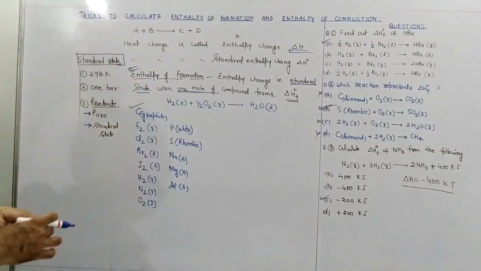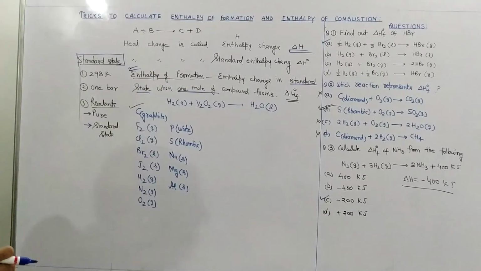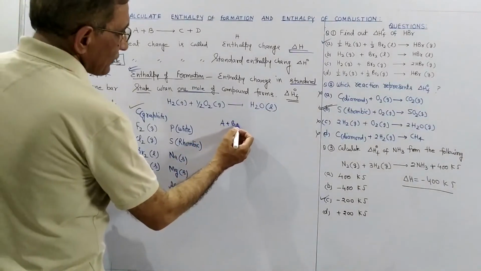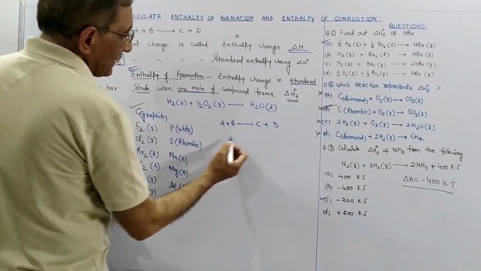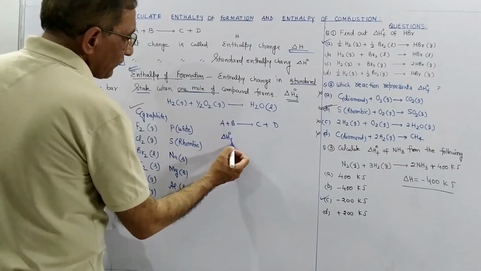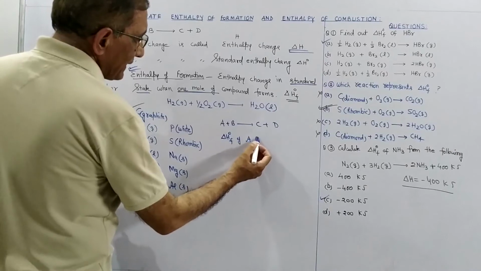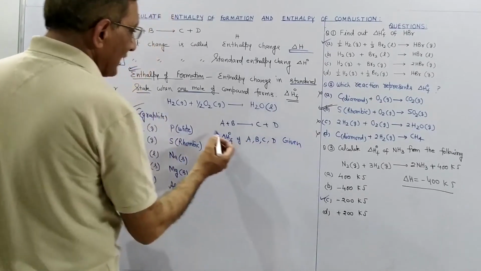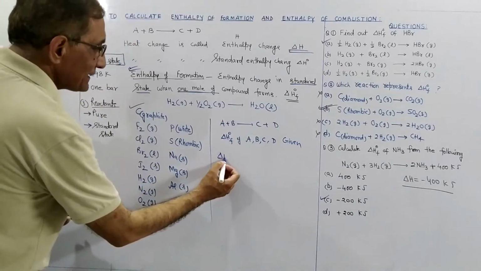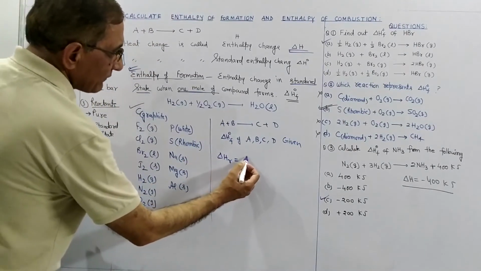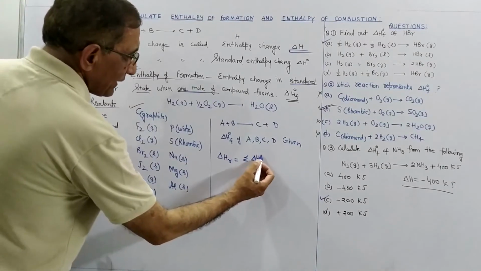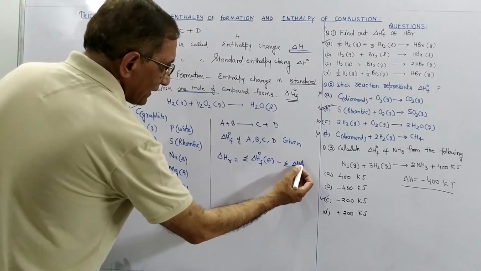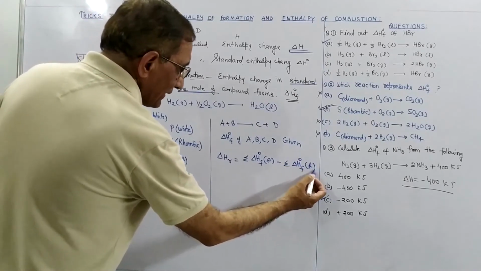Whenever you want to solve any numerical problem of enthalpy of formation, suppose they are saying A plus B is equal to C plus D, and they have given you the standard enthalpy of formation of A, B, C, D. These values are given and you need to calculate delta H. In this case, delta H of reaction will be the sum of standard enthalpy of formation of products minus the sum of standard enthalpy of formation of reactants.